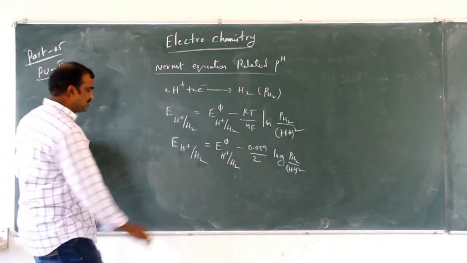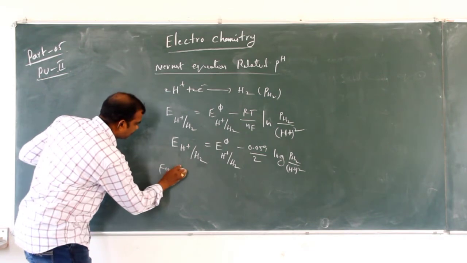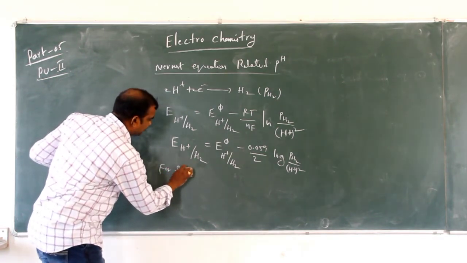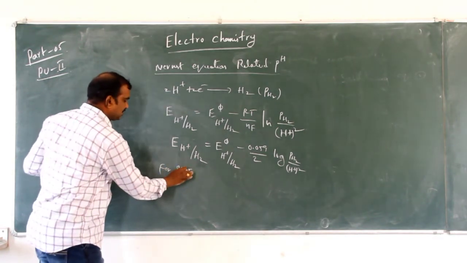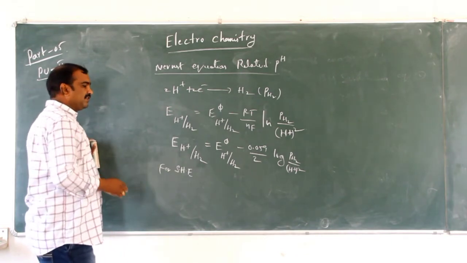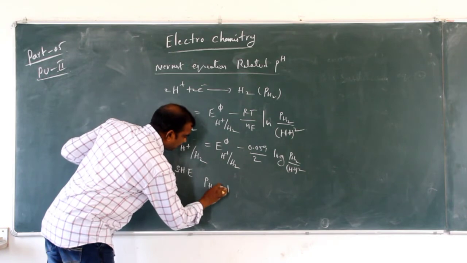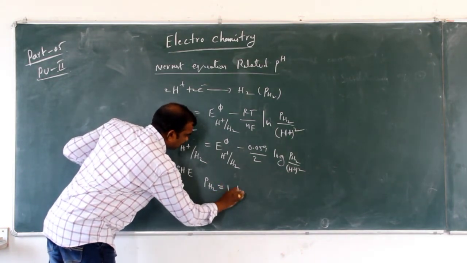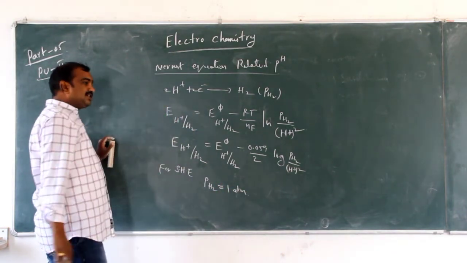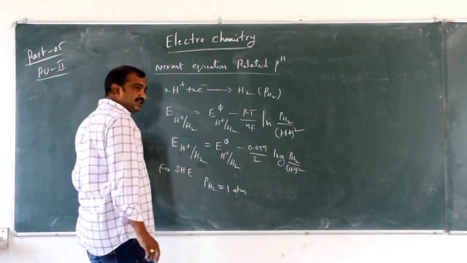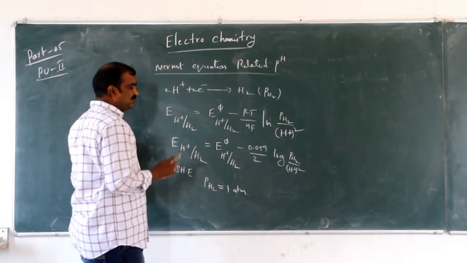Now look at it. For the standard hydrogen electrode, what pressure have we taken? Pressure of H2 is equal to 1 atmosphere, and the concentration of HCl is 1 molar.